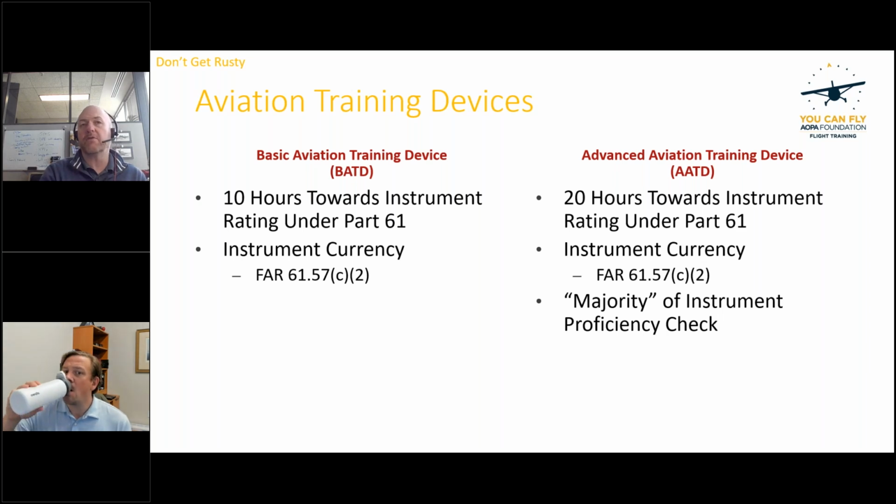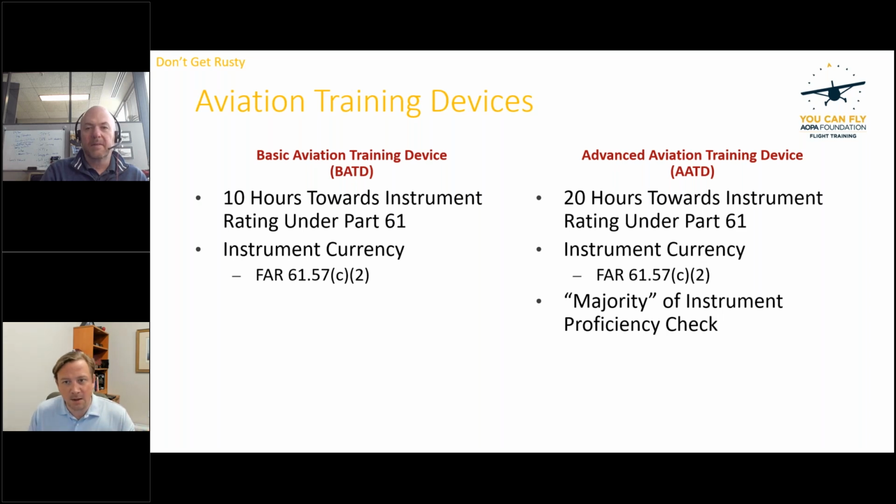Okay, and then the other one was, I know that you mentioned the instrument currency here. We have a lot of folks that may not be instrument rated. What about if they were doing VFR training or like for the private or things like that? Yeah, so go back to no, you don't really, but sometimes, but it doesn't matter. So for VFR stuff, you can log a little tiny bit of time for a private pilot's license. It's 2.5 hours right now in an ATD, or in an AATD, an advanced one.